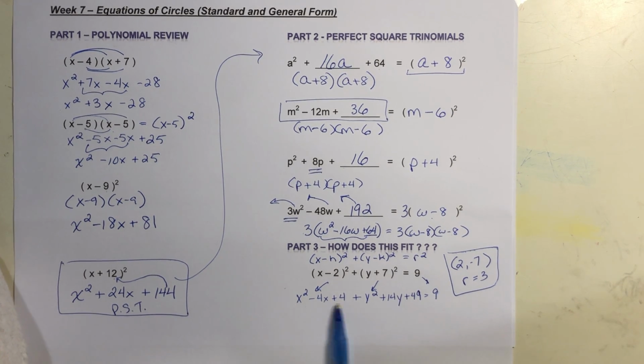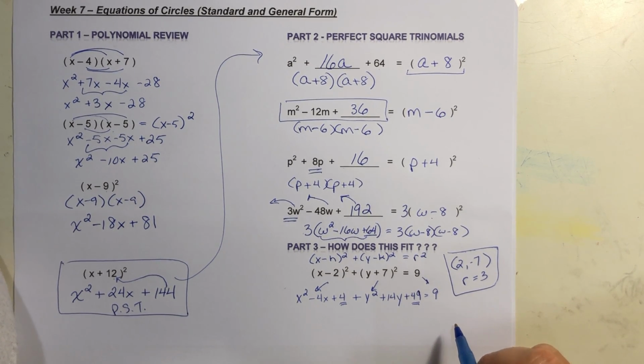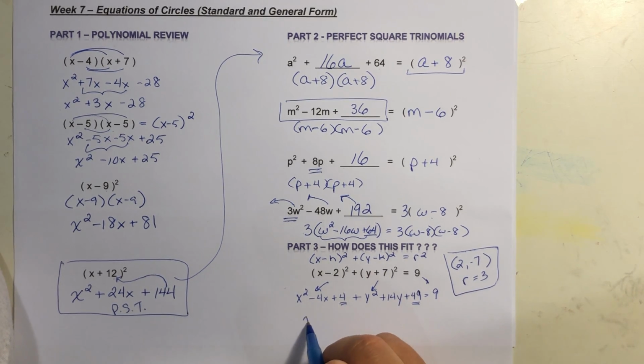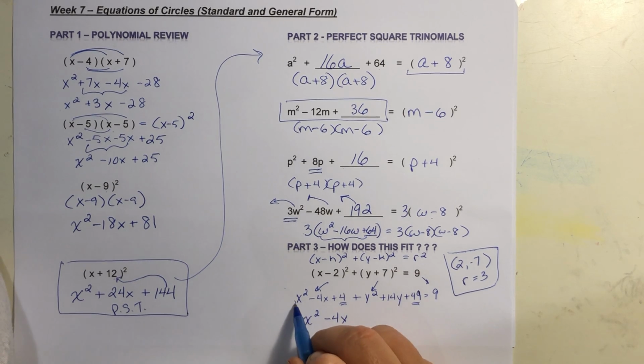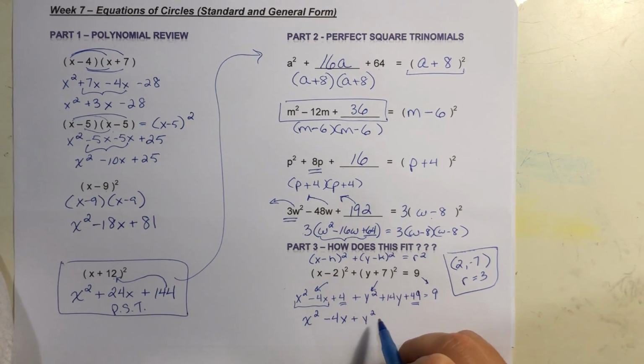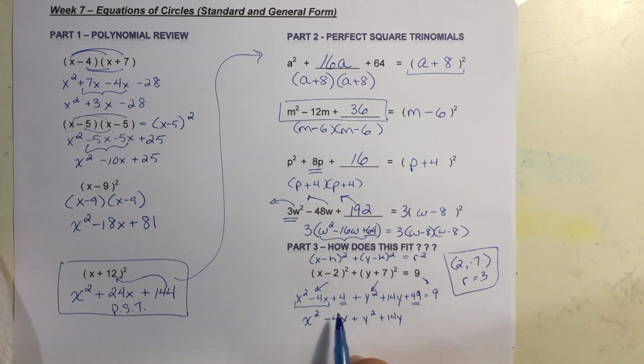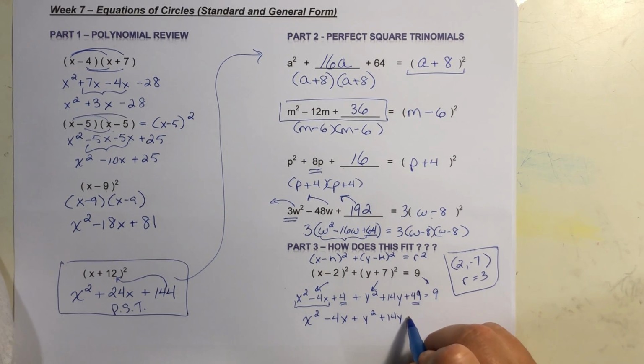Now you can start to see that I have no more parentheses. I'm starting to expand this. Okay, 4 and 49 are like terms. And now what I'm going to do is rewrite this. X squared minus 4x, so now I have the x parts, and then plus y squared plus 14y, right? And what I'm going to do now is put 4 plus 49 together, which is 53, right?